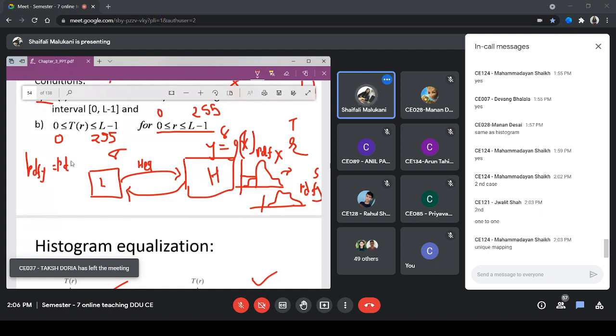PDF of X into dy by dx. Rather dx by dy. Just a second, it is dx by dy. So these two PDFs are related by this equation.